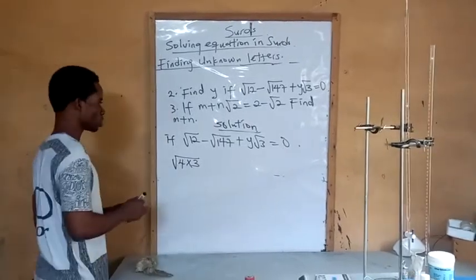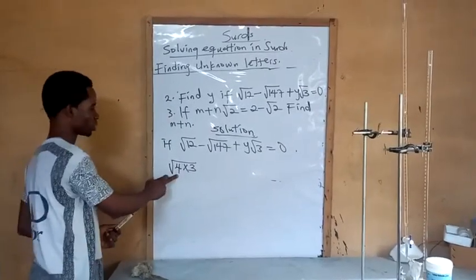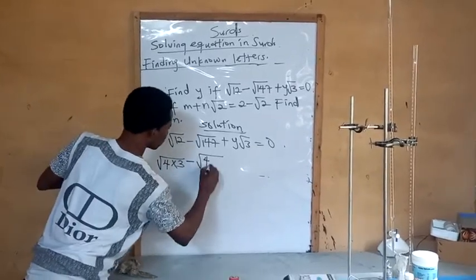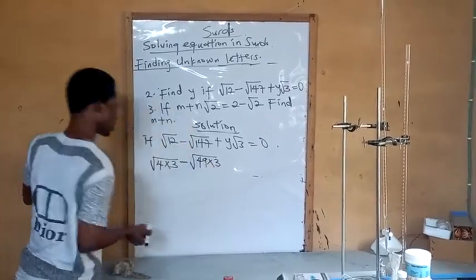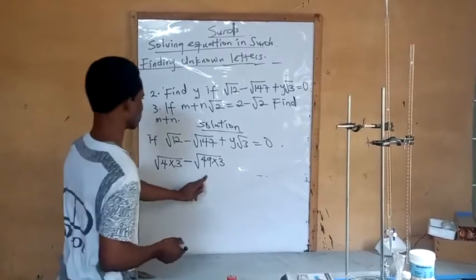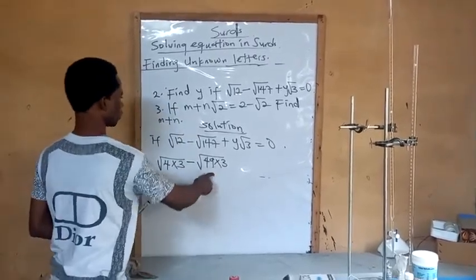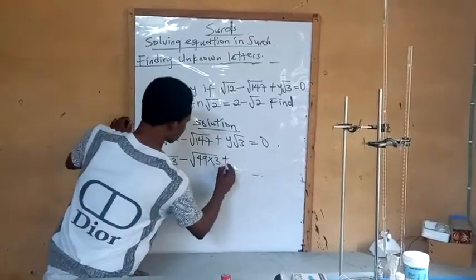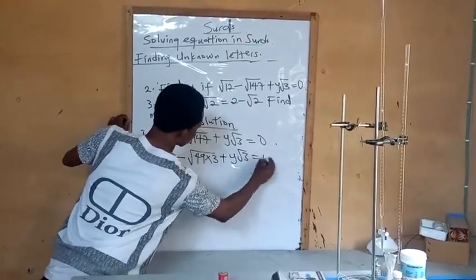Because I told you, use numbers where one will be a perfect square, the other will be a surd. Minus root 147 is 49 times 3. If you check 49 times 3, you get 147, because 3 times 9 is 27, carry 2, 3 times 4 is 12 plus 2, that is 14. Plus y root 3 equals 0.